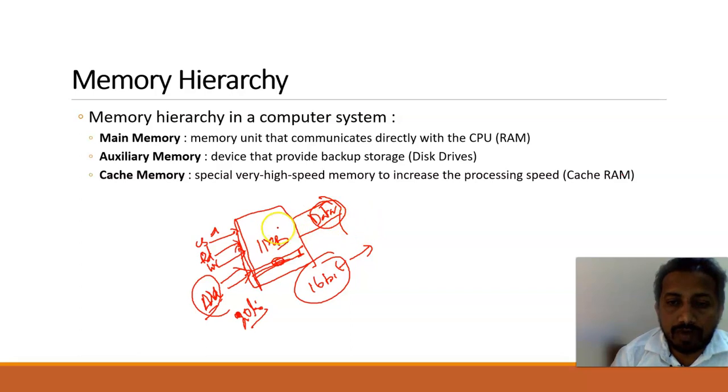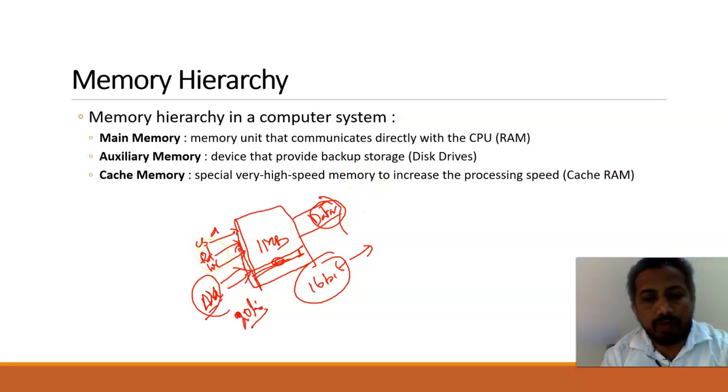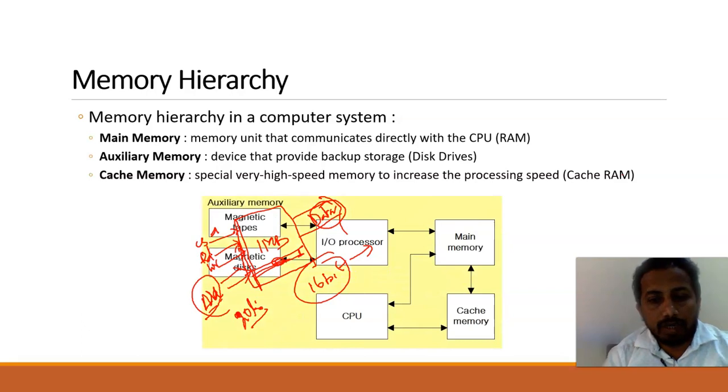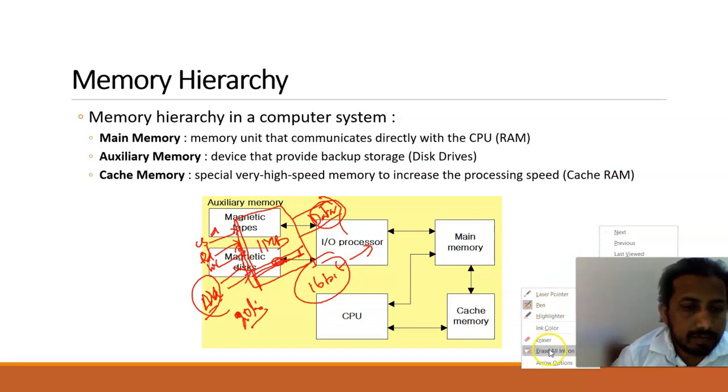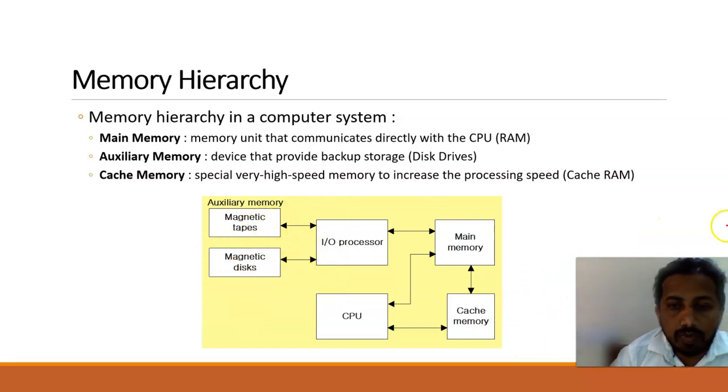So for any memory, you will have address lines, output data lines, a chip select line, and read and write lines. This is about the memory, and the memory hierarchy, which you can see on the screen. You would have magnetic tapes and magnetic disks on the auxiliary memory side.